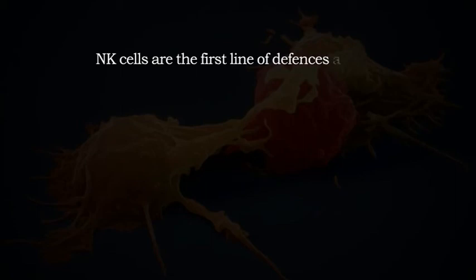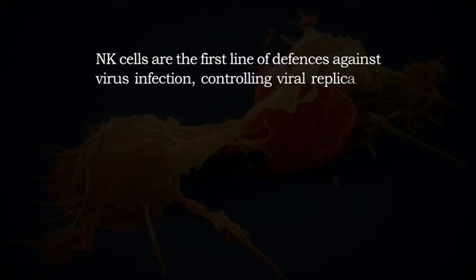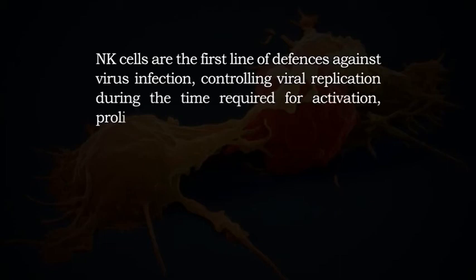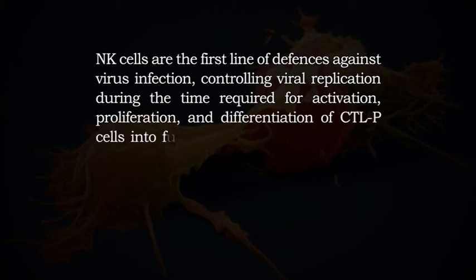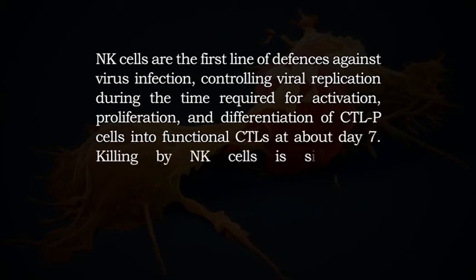NK cells are the first line of defense against virus infection, controlling viral replication during the time required for activation, proliferation, and differentiation of CTL-P cells into functional CTLs at about day 7. Killing by NK cells is similar to CTL-mediated killing.